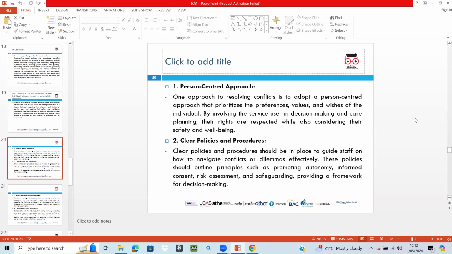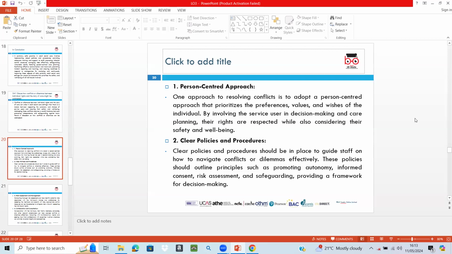For example, a policy outlining how staff should handle situations where a service user expresses a desire that may pose risk to their safety could include steps for conducting a risk assessment, exploring alternative options, and seeking input from a multidisciplinary team to make an informed decision that balances autonomy and safety.